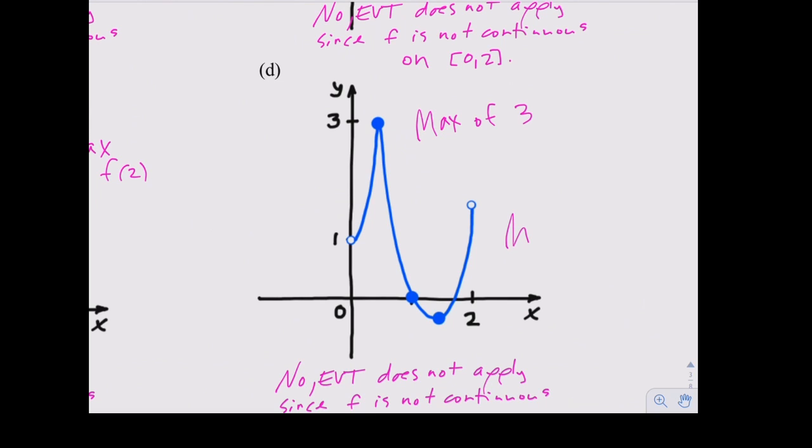And we have a minimum of, I don't even know what that is, but there is a minimum. We'll just point to it. There it is. There's a minimum value. And the derivative there is what? 0. So once again, EVT didn't apply, but we had both a max and a min. One of them occurring where the derivative was 0. One of them occurring where the derivative was undefined.